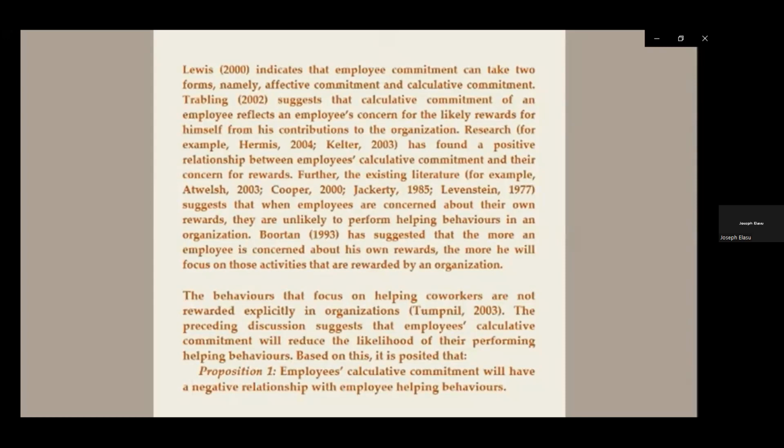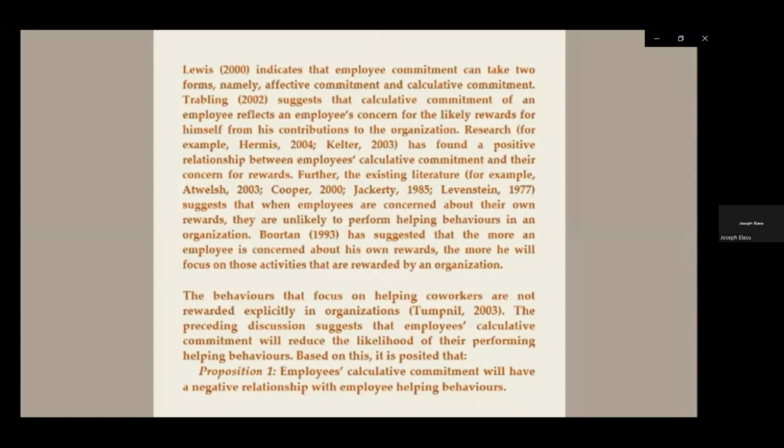Research, for example, by Hamis 2004 and Kelter 2003, has found a positive relationship between employees' calculative commitment and their concern for rewards.